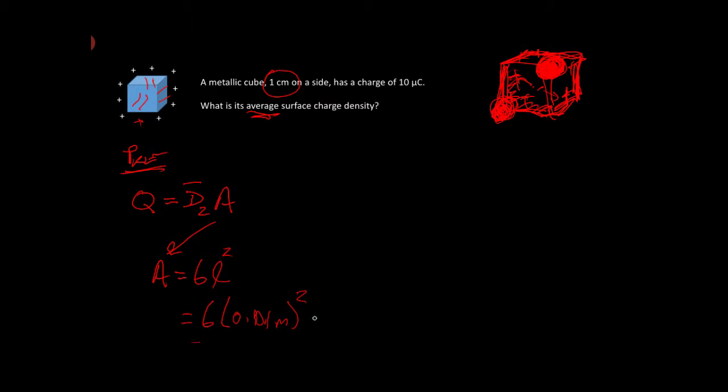Okay, so that's going to be equal to 6 times 10 to the minus 4 square meters, right? So that's what we'll use when we do our mathematical analysis. So math comes up next.